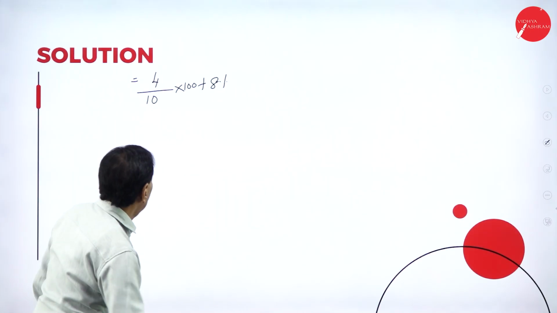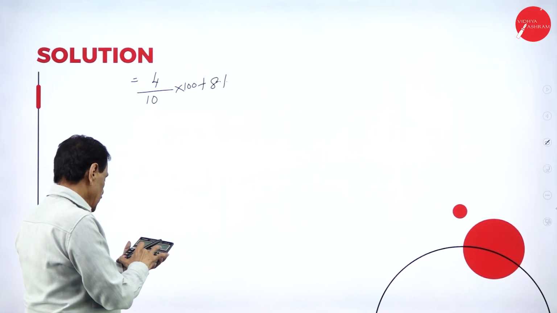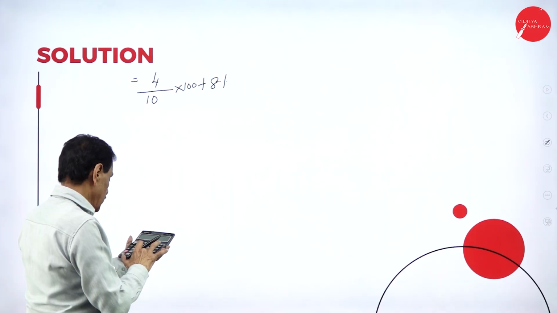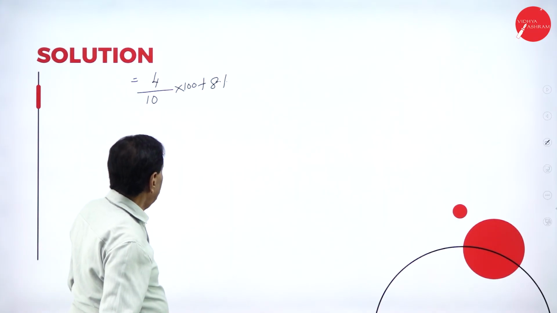So 4 divided by 10 into 100 is equal to 40 plus 8, 48%.